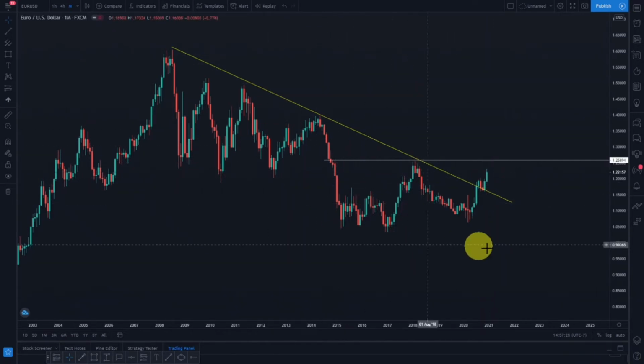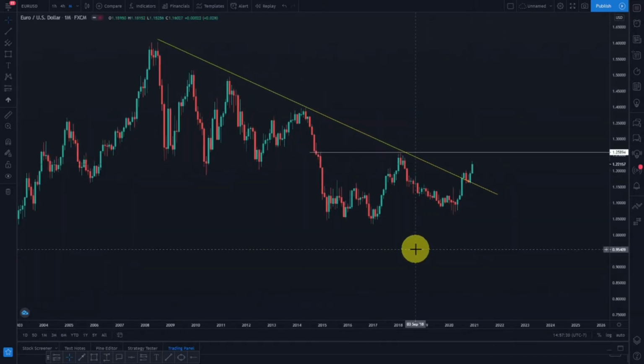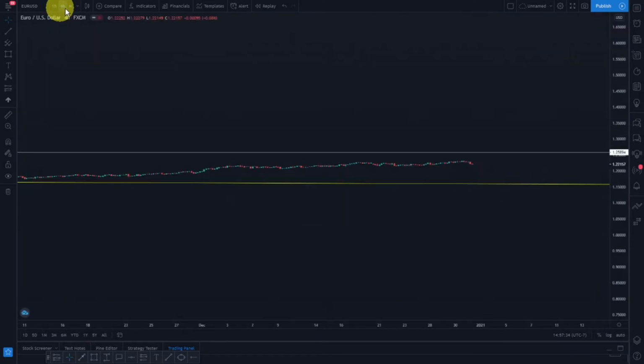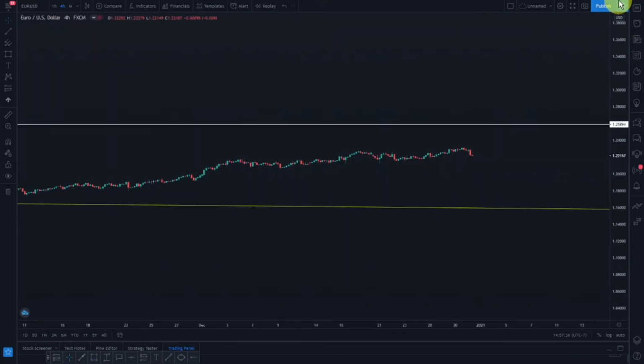But it's not clear on this bigger time frame, so we'll go on a smaller time frame and see how it looks. Let's go to the H4 time frame.